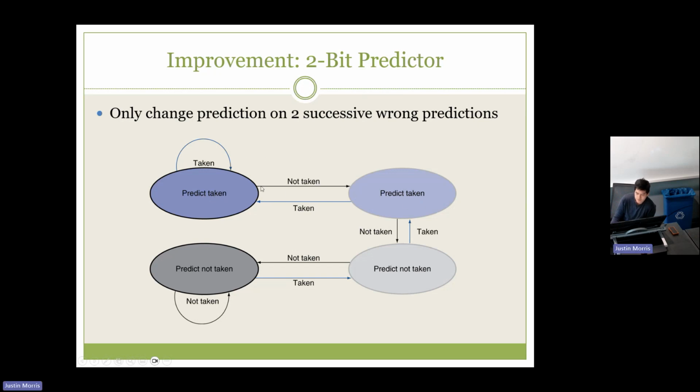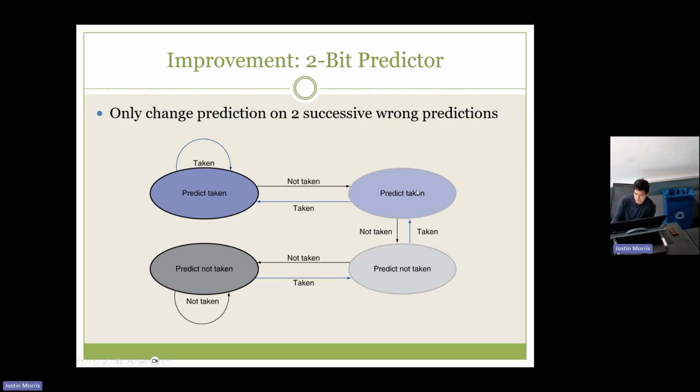But if we then see that we are wrong and we get not taken, we move to weakly taken, because we are still predicting taken since only 1 changed. We were wrong once. And then if we're right again next time, we'll move back to strongly taken. And if we keep getting it right, we'll just stay in strongly taken.